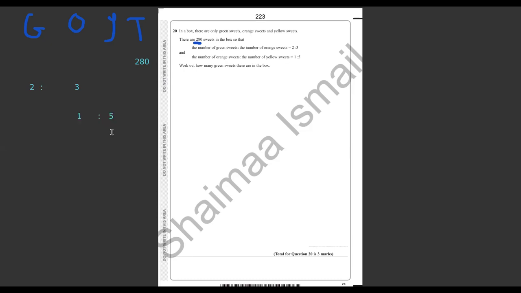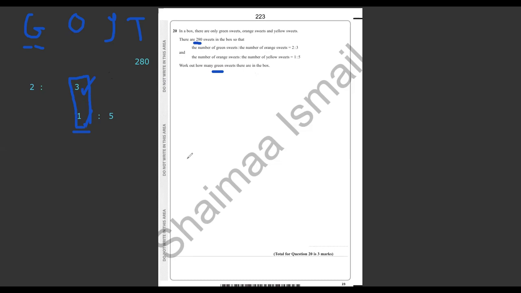Here we have to make equivalent numbers because he needs to work out how many greens. So we already have a total, but to merge all these, 3 cannot be, it's going to be hard, but we can make the 1 into 3.